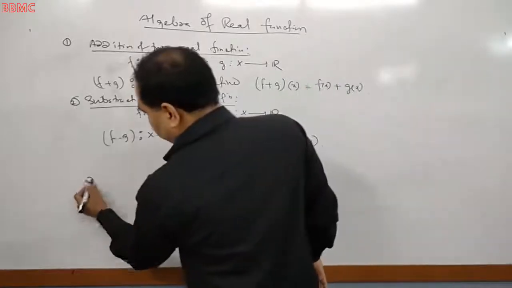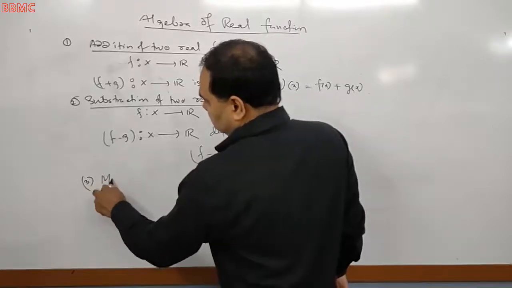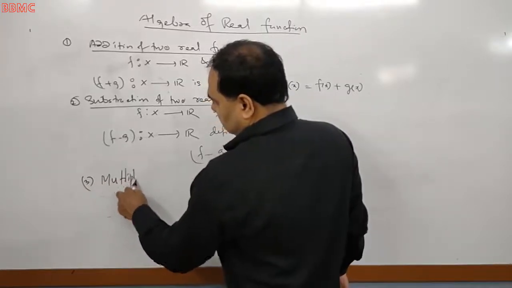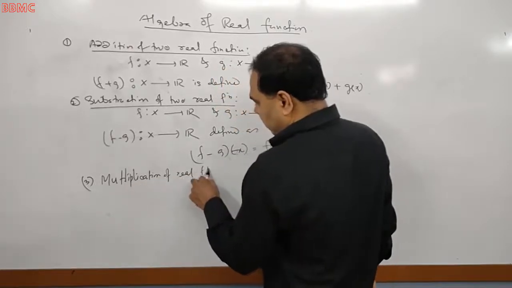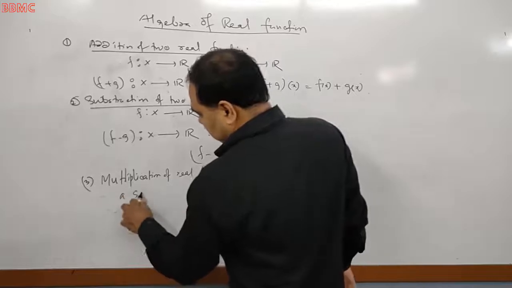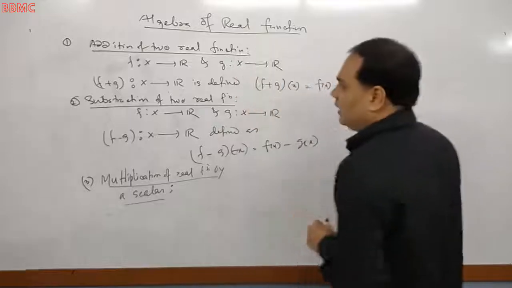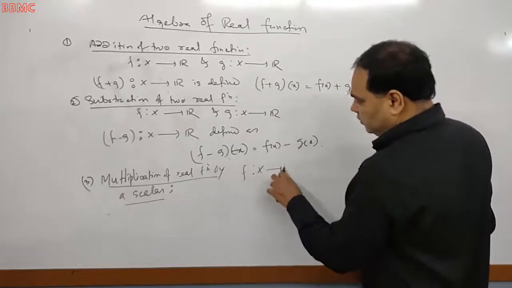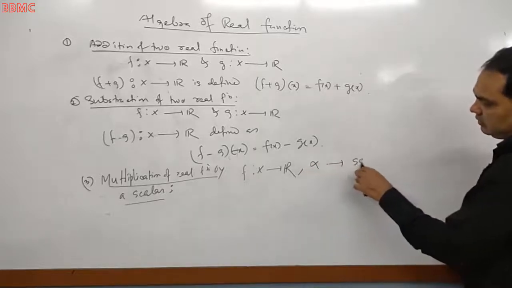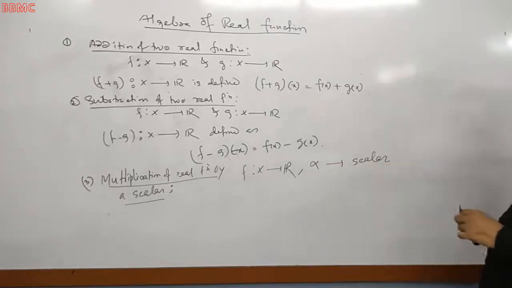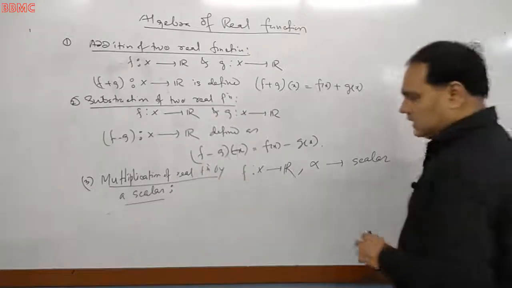Number three, multiplication of a real function by a scalar. What will happen? Let f be a function from X to R, be any function and alpha any scalar.